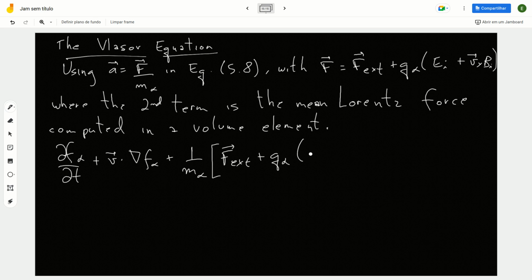So we have a charge of alpha particles, and this index i is just the index for each charge, each particle.